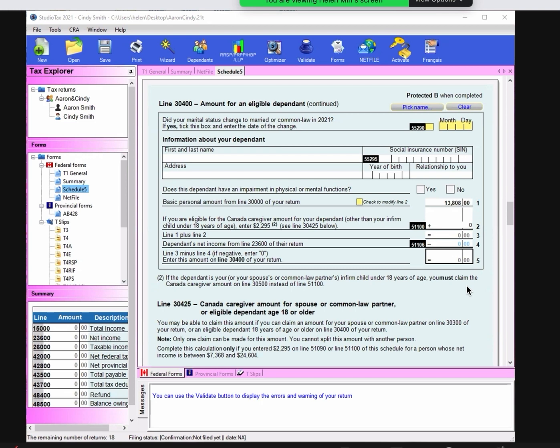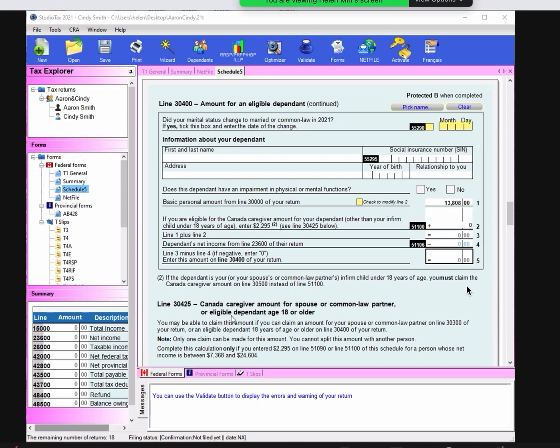There's no eligible dependent amount, but they can still get an amount. The caregiver amount, but not in this line, a different line, because the child is under 18, right? Yes, under 18. I will show you which line.